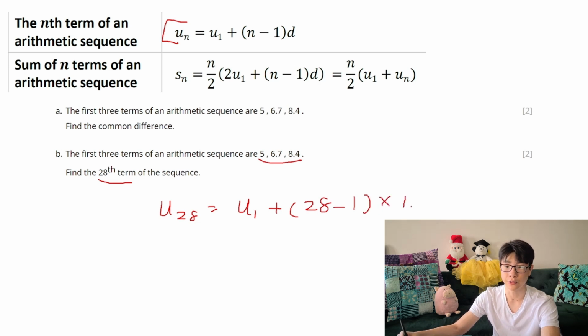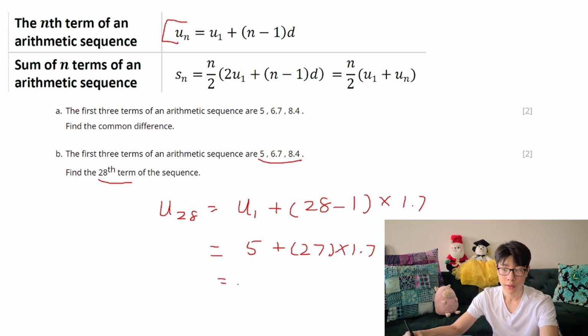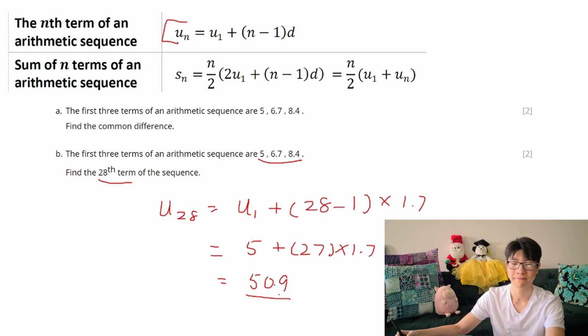And we know what d is, it's just 1.7, which we worked out from the previous part. We also know u1 is 5. And now we have this equation, okay? If we solve this, we will find what u28 equals to, and it should be 50.9. Okay, so that's the 28th term of this sequence.